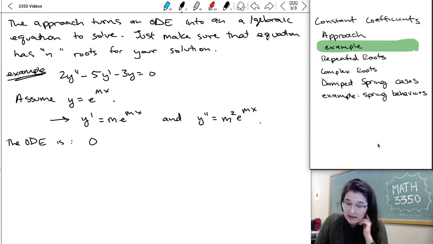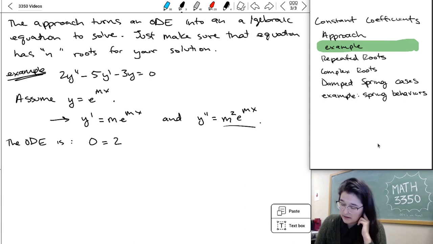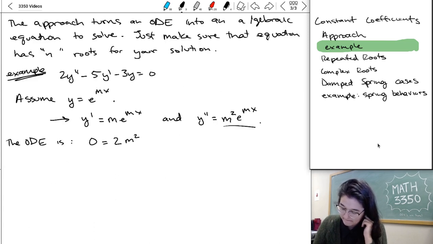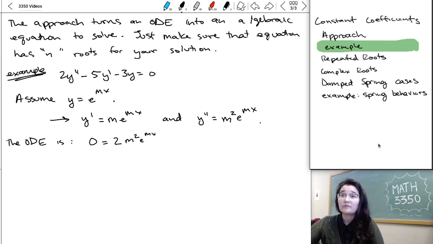So my ODE is that 0 should be equal to 2 times y double prime. So I'm going to take that y double prime and plug it in, minus 5y prime.